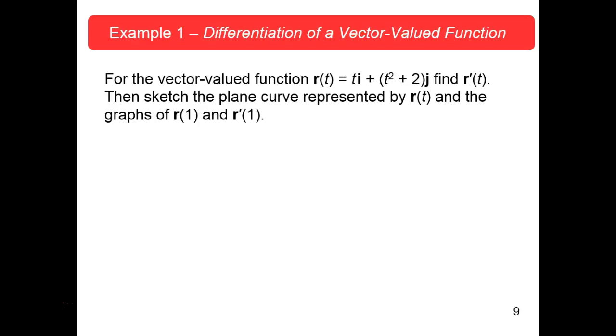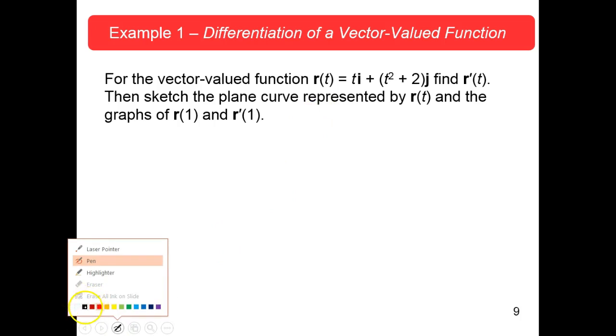Okay, so here's example 1. For the vector valued function r of t equals t i plus (t squared plus 2) j, find r prime of t. So let me get my pen set up.